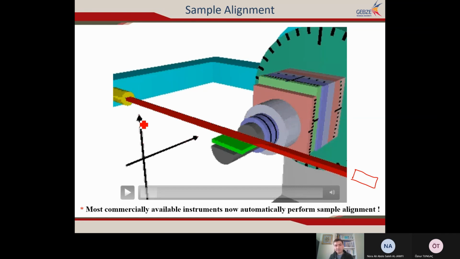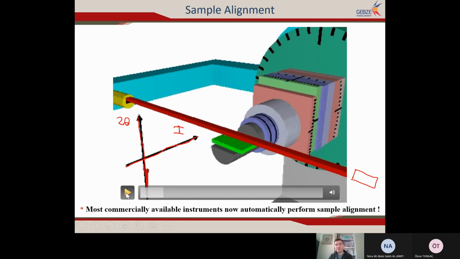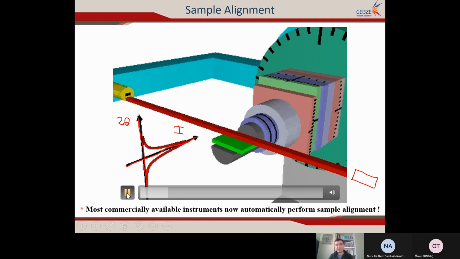Look at this figure here. This is the position of the detector, 2 theta, and this is the intensity. Now I continue. We change the position of the detector and the intensity changes.